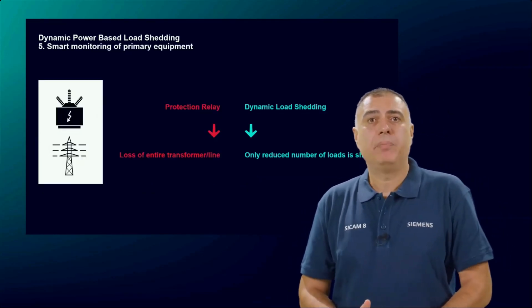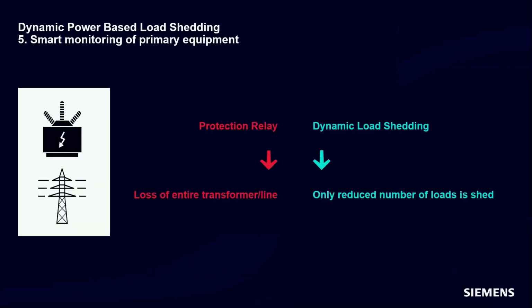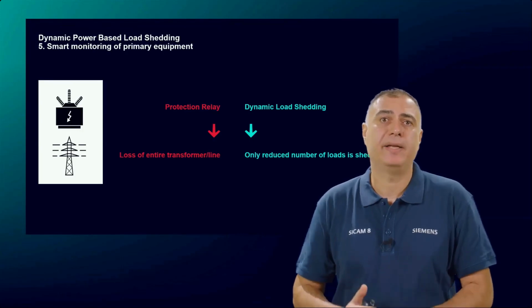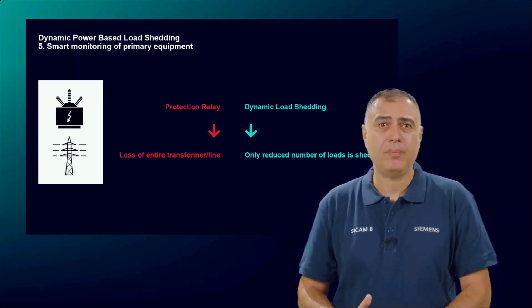You know this example already from the first section of our presentation. As mentioned, usually transformers and transmission lines are monitored for overcurrents and temperature. The problem with classic protection is that in the event of a possible trip, the entire transformer or line is switched off.